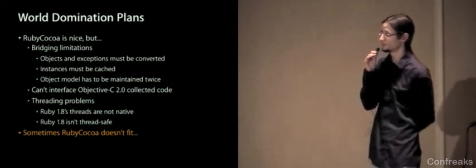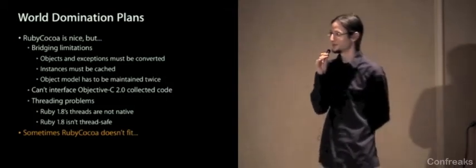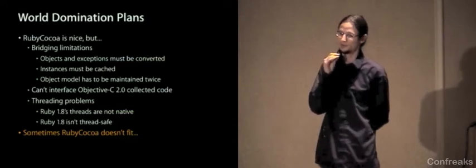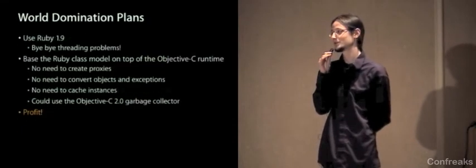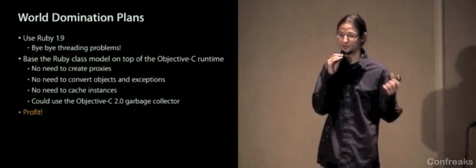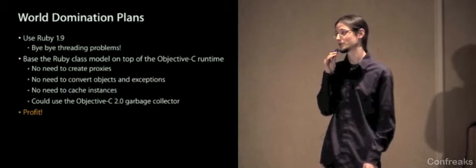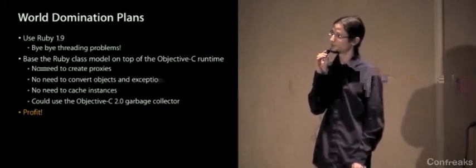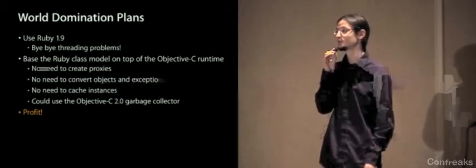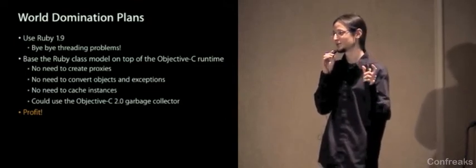And our plan for the future is to use Ruby 1.9, of course, because first, there are no threading problems anymore, because Ruby 1.9 has native threads, and there is a giant lock that we can use to make sure that we can call the runtime on different threads. And the second point is that we would like to change Ruby a little bit to use Objective-C inside.